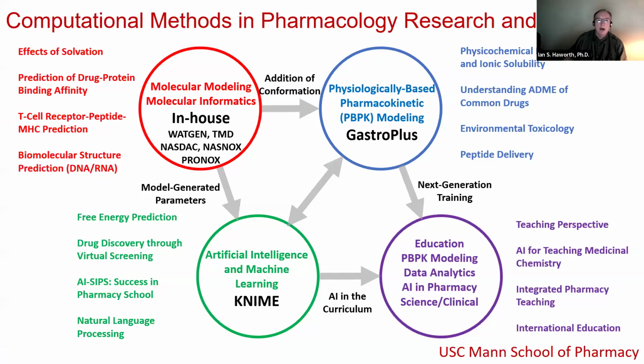I thought I'd start with a little bit of a different thing, though, just to tell you a little bit about myself and what my lab does overall. I am actually a chemist, and my training is in physical organic chemistry, as well as computation. So my lab has been based for many years more in this red circle of modeling, informatics, and writing algorithms. We still write a lot of algorithms in this area, and this is really looking at molecular interactions.